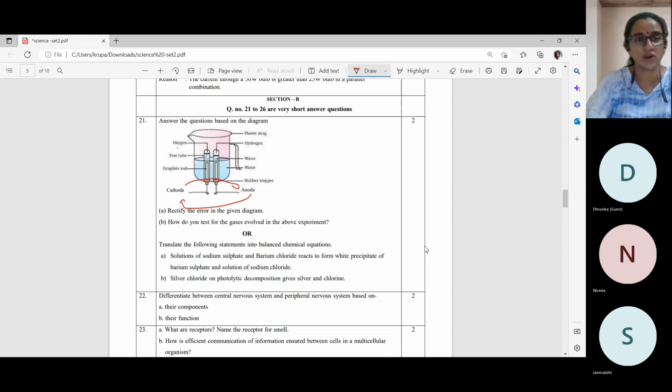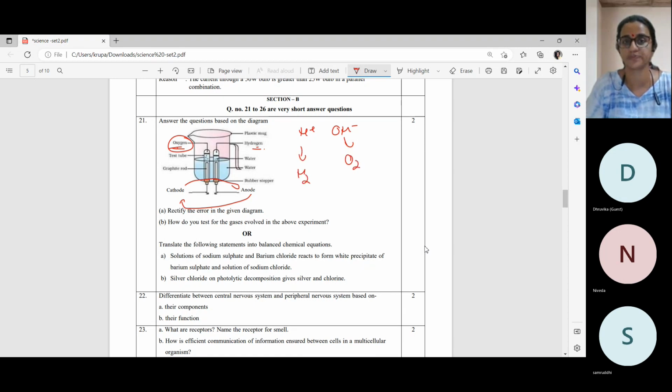Look at the products. Oxygen is being given out over here and hydrogen is being given out here. Oxygen is a product of the anode reaction, and hydrogen is a product of the cathode reaction. Because if you remember, if water is splitting up into H plus and OH minus, this is going to release as O2 and this is going to liberate as H2.